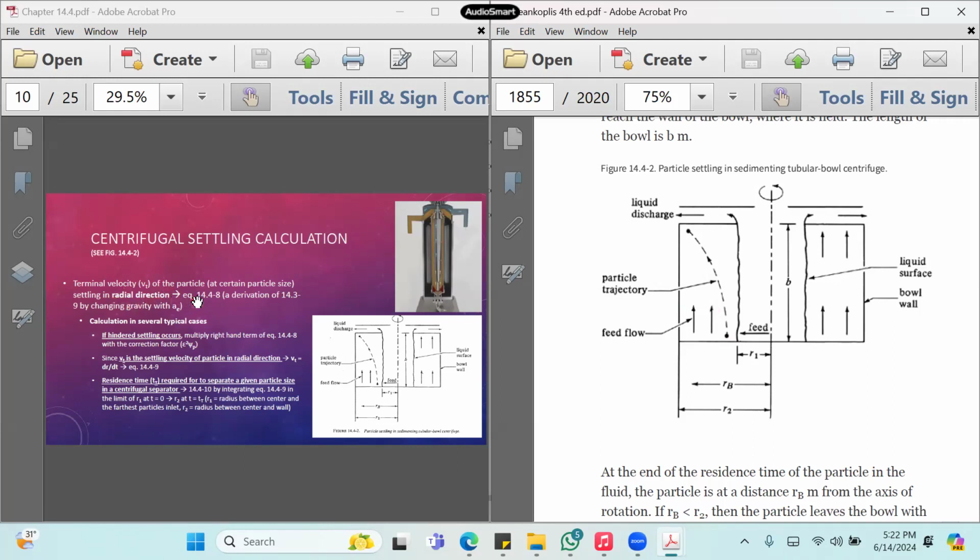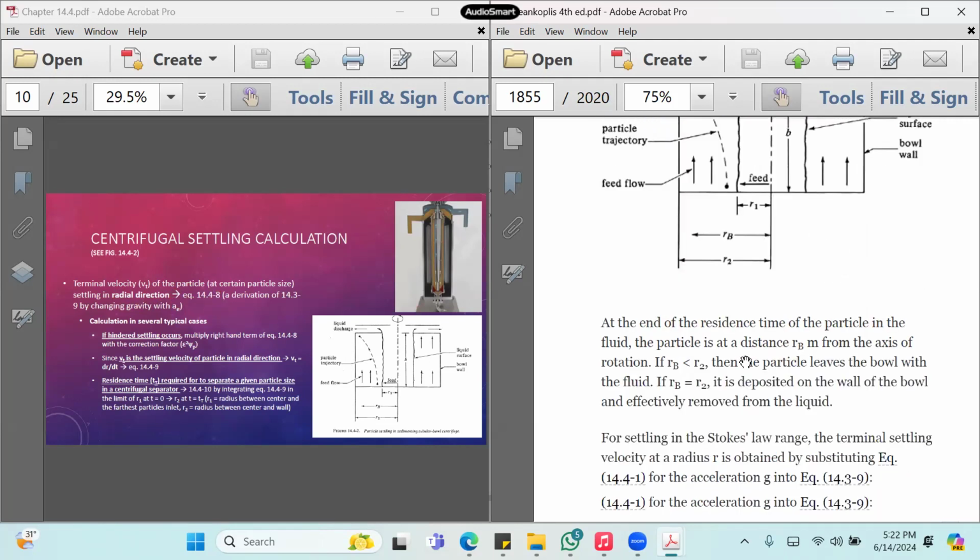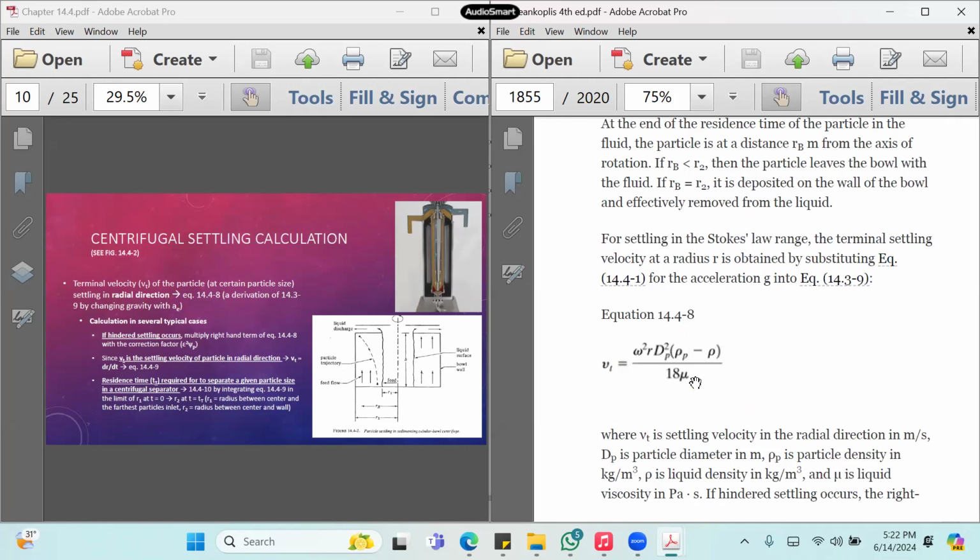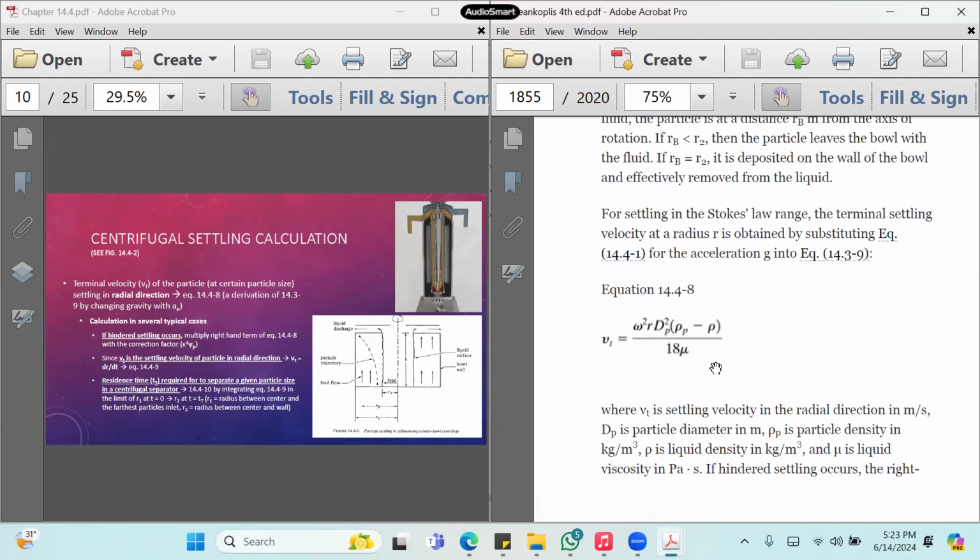So the terminal velocity in the radial direction can be calculated using equation 8. It's actually a derivation from the subchapter of settling and sedimentation, but we change the gravity with the centrifugal acceleration. So we got this equation. Then we have several typical cases which result in different equations for calculating the result.